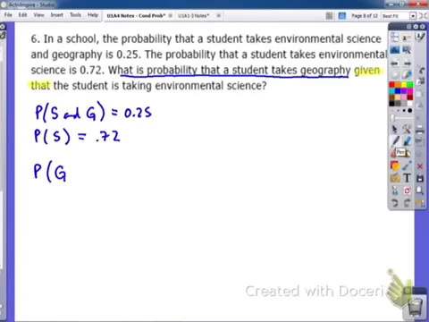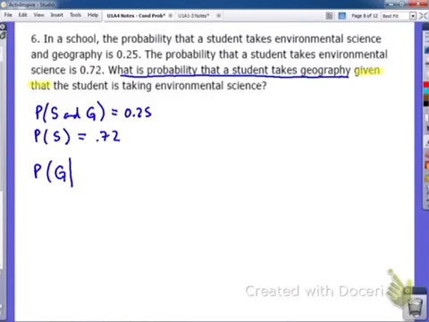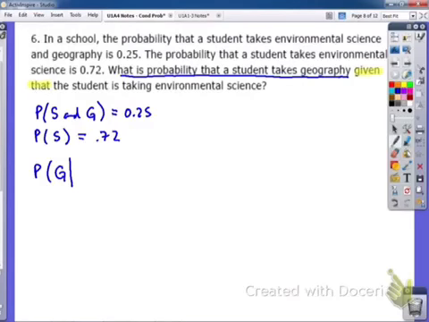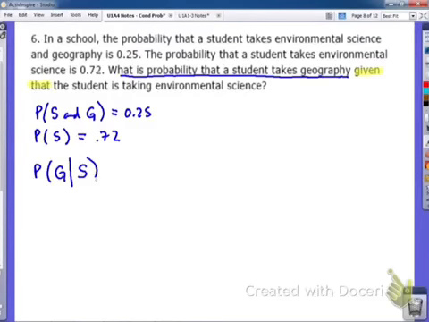So we use that symbol, the bar right there after the G, and then we write in S. So what's the probability of selecting a student that is taking geography given that they are also taking science?